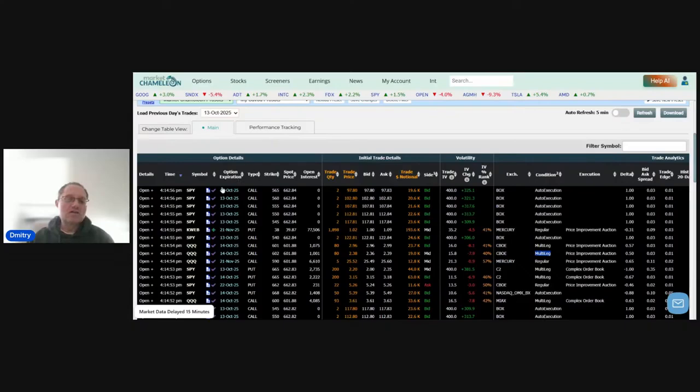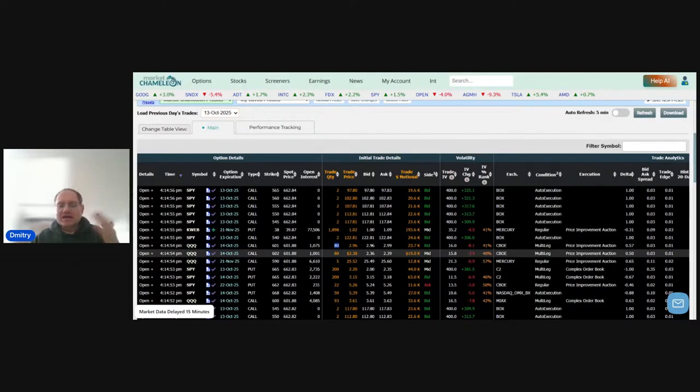So if you see here on QQQ, I see two multi-leg trades right next to each other, right? One here, that happened at the same time. And if we look at it, we see that both of them were the same quantity, right? They were on the same expiration. However, there were different strikes.